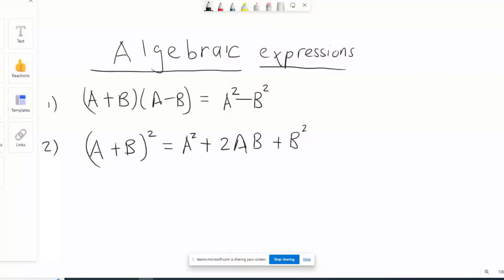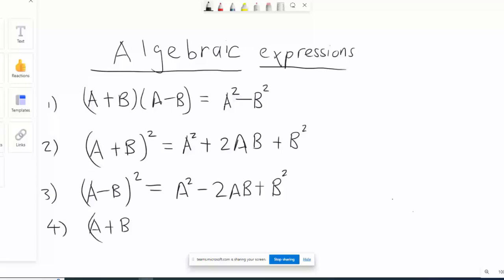And you should also be familiar with this one. It's a minus b, all squared. Now, a minus b all squared is a squared... Let's look at this.